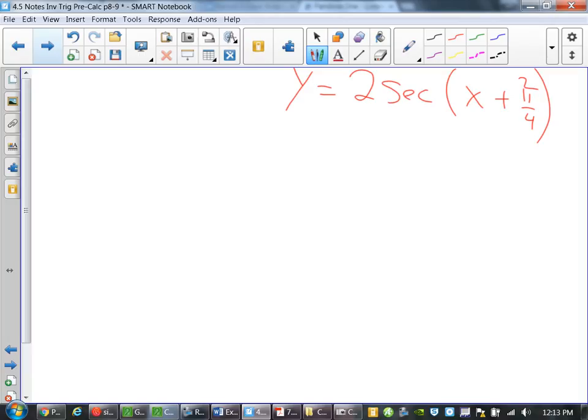Okay. So let's look at the secant. Secant is the inverse of which trig function? Cosine. So we're going to plot the cosine graph with the a, b, and c. So we start with our x plus pi over 4, set it equal to 0, x plus pi over 4 equal to 2 pi. That'll get us our 2 breakpoints.